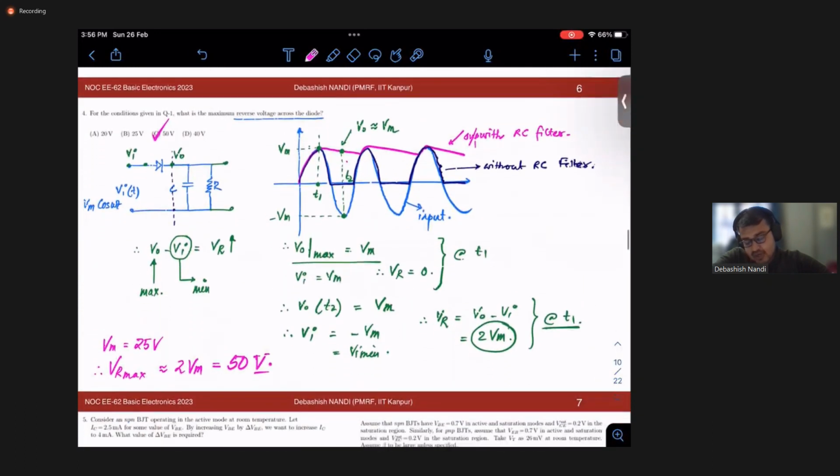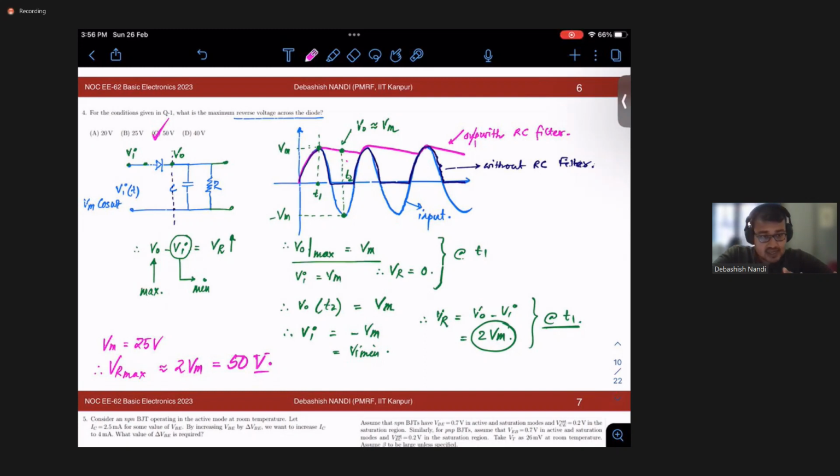And then we found the peak reverse bias voltage, that can be available at the diode end. Remember that we are considering an ideal diode here, right? If it is not an ideal diode, and say I use the constant voltage drop model, which I discussed in the last to last lecture, right?